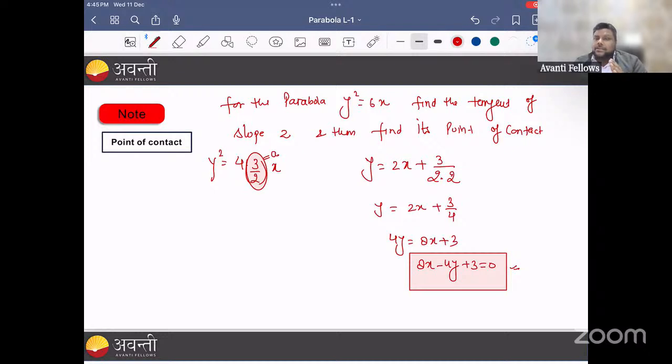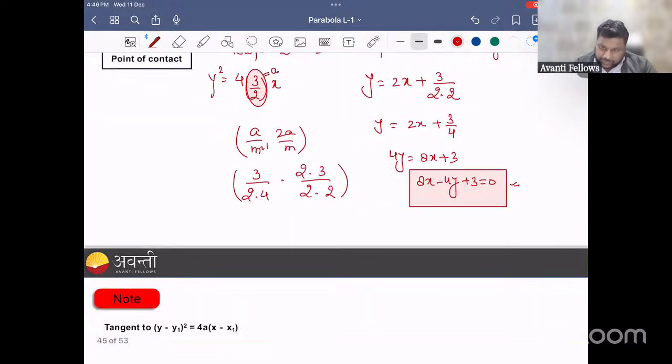If you remember that in slope form of the parabola, the point of contact is a upon m squared, 2a upon m, so the point of contact will be 3 by 2 upon m square, which is 4, so 3 by 8, and 2 times 3 by 2 upon m, which is 2, so 3 upon 2. This is one way to get the point of contact.